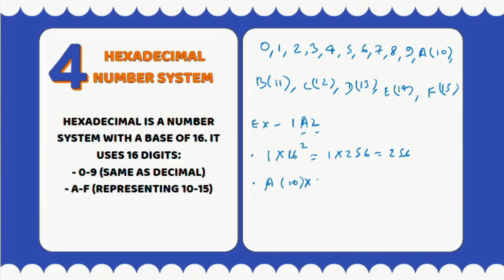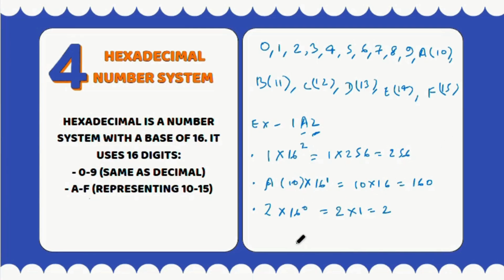So 10 into 16 to the power 1, only 2 is there after A. So 10 into 16 is equal to 160. Next is 2. 2 into 16 to the power 0 is equal to 2 into 1 is equal to 2.